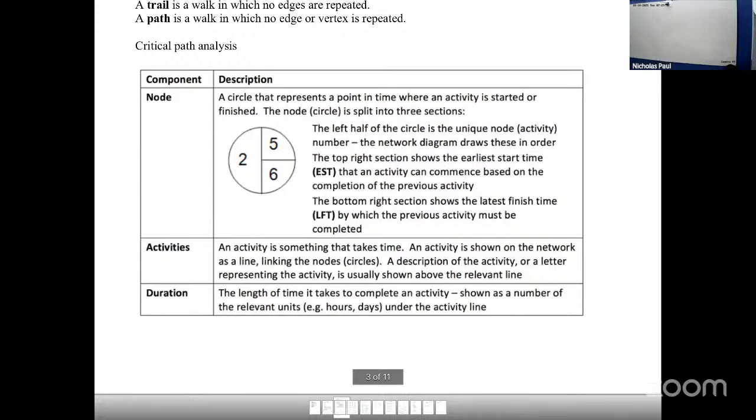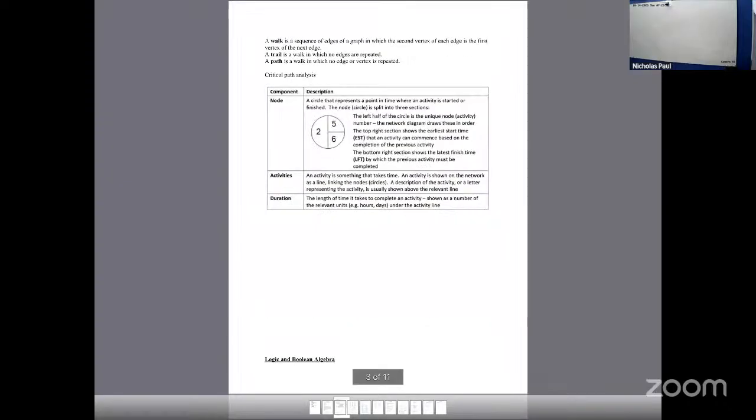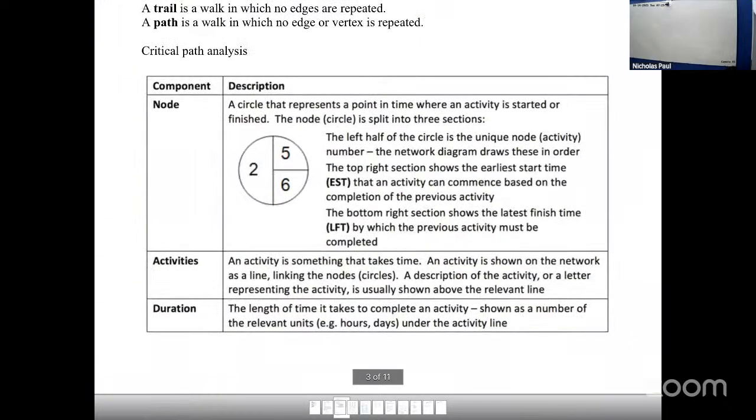So what you could do is write the letter A, for example, in it. And then the top right-hand corner, this is important, shows the earliest start time, EST. So you have a little node here, you have your earliest start time, and then your latest finish time.